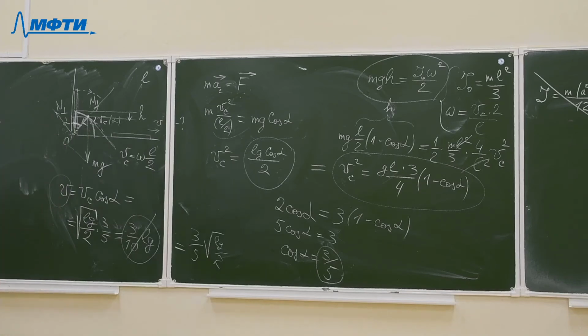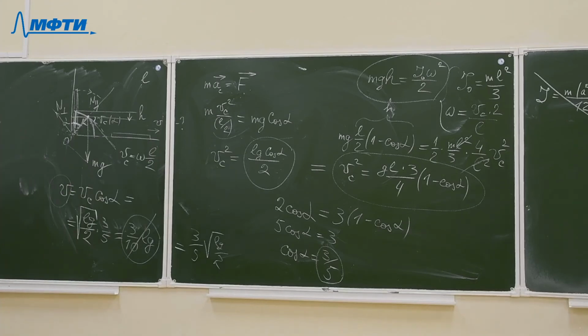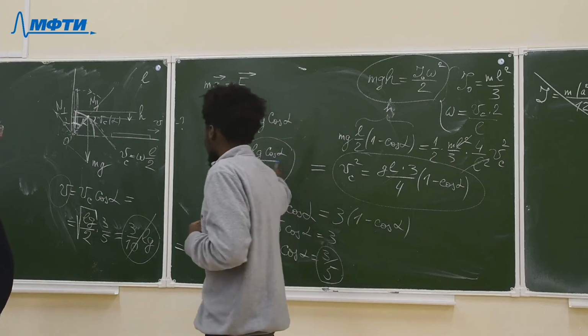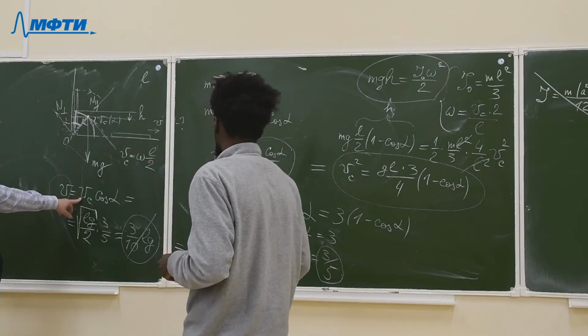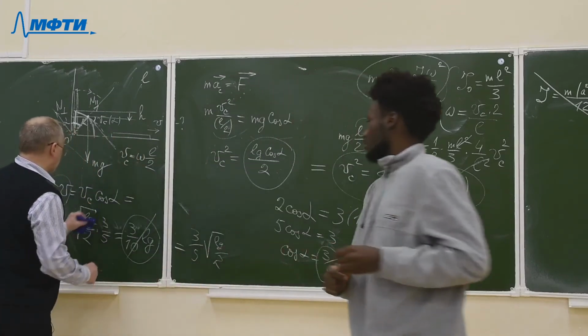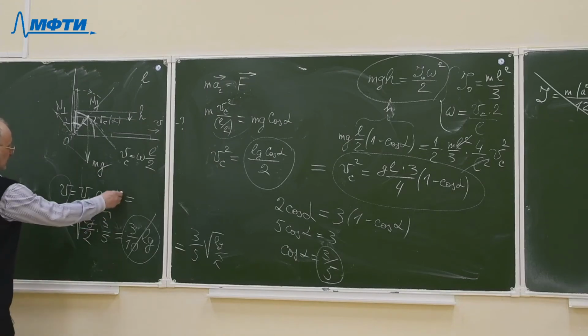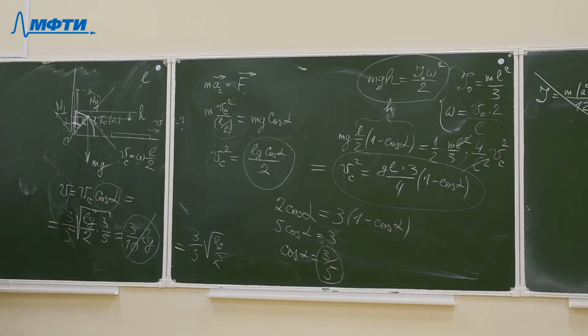Can you come here and show me? Come here, please, and show. What's the matter? The sound here is echoing. It's difficult to understand you. Yes, you're right. Absolutely. So 3 over 5, and another cosine, another 3 over 5 is here. Yes, absolutely, you are correct.